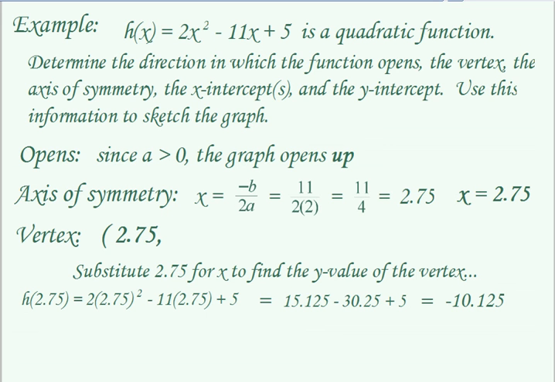And of course that then is going to be the y value for my vertex. I still need 2 more items. It's asking me for the y-intercept. Y-intercept is super easy to find if you know where to find C. Since C is 5, my y-intercept is 0, 5.